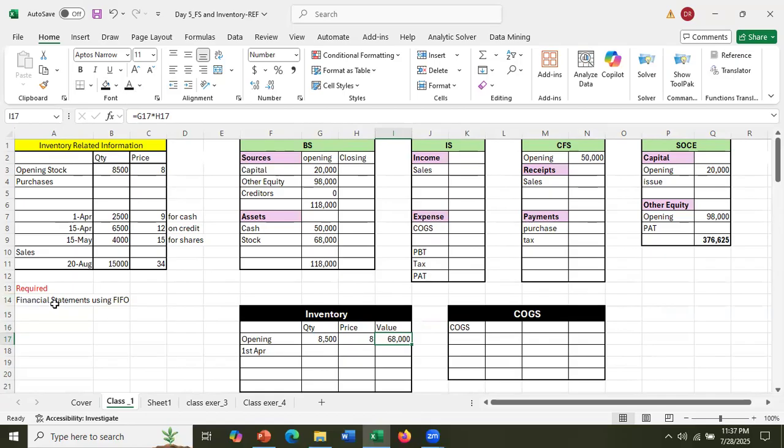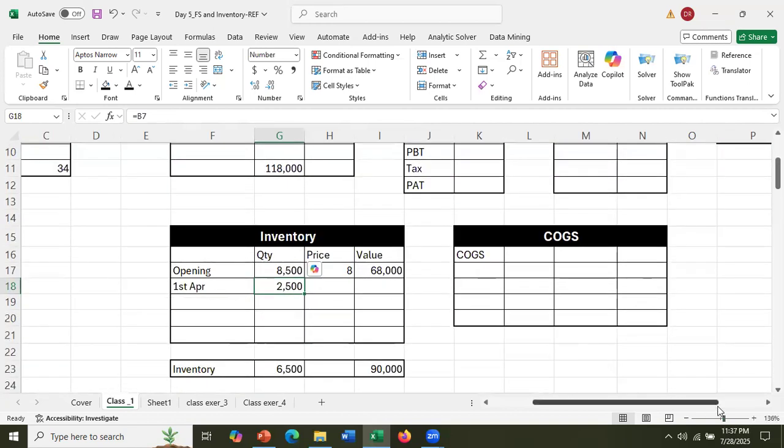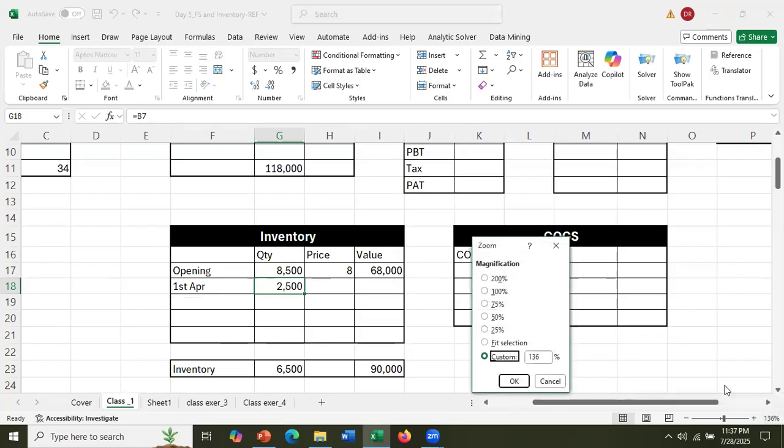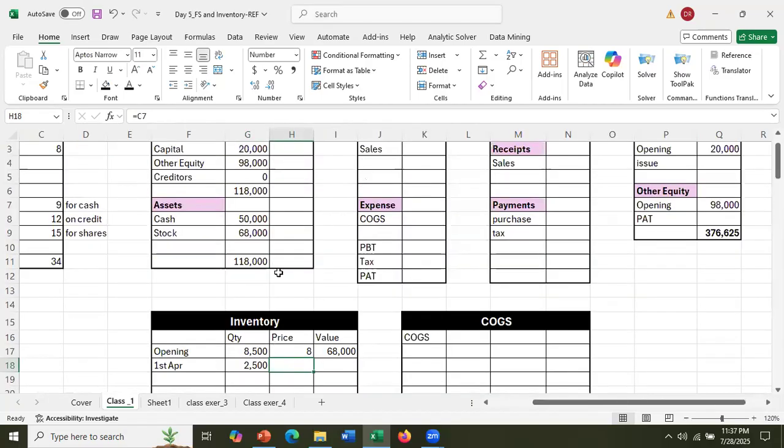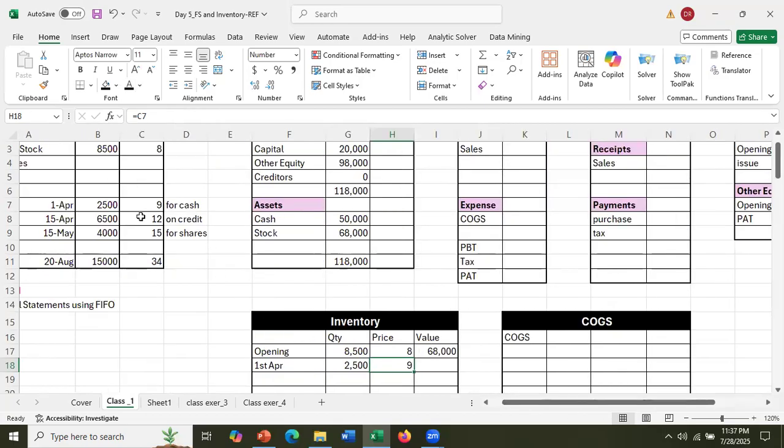Now the company is following FIFO because they have three different purchases within 1 month. For the first purchase, the amount purchased is 2,500 units, and the price at which it is purchased is 9 rupees.